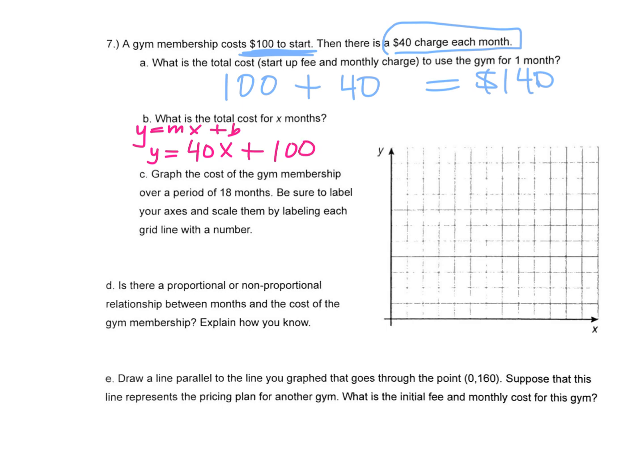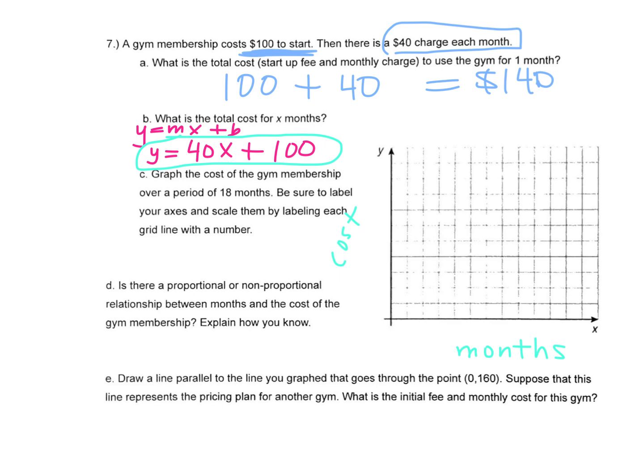So that's our equation. Just use y equals mx plus b to figure that out. Now we're going to graph the cost of the gym membership over a period of 18 months. So I need my x-axis to be the months, and the cost is going to be the y-axis.